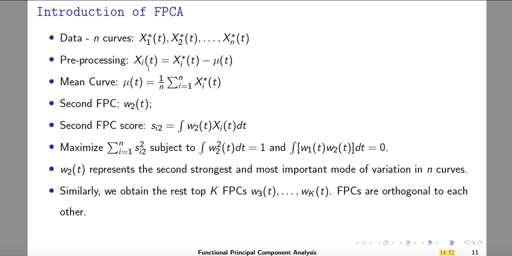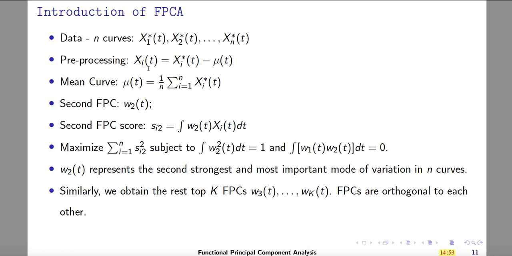Here I also want to mention another difference between multivariate PCA and functional PCA. For functional PCA, there's actually only one variable if you think about it. For example, this X curve is just one variable measured over multiple time points.